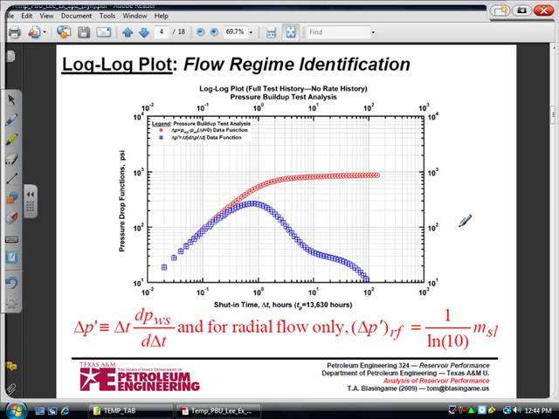So the first thing I'm going to do, I'm going to identify the flow regimes. And when I see the unit slope, it means the wellbore storage domination. So I'll just draw my pole here.